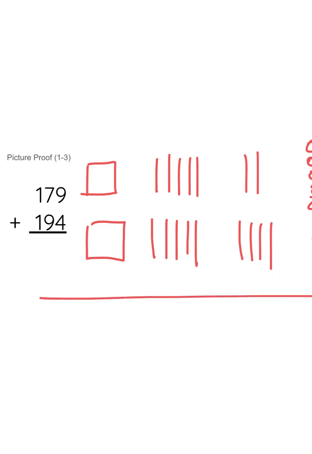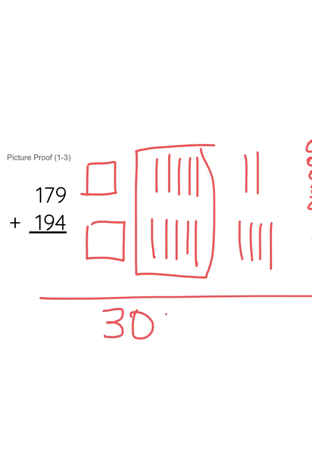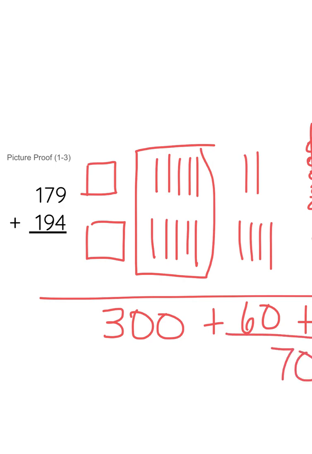There's several ways you can do it, but I have 200, and I just made a 300. There's a 60. Now, this is only a 9, so I'm going to bring one of those down there. So now I have a 10. And there's my 3. Make sure you realize that that was only a 4, so I have to move one down there. So 300 plus 70 plus 3 equals 373 in standard form.